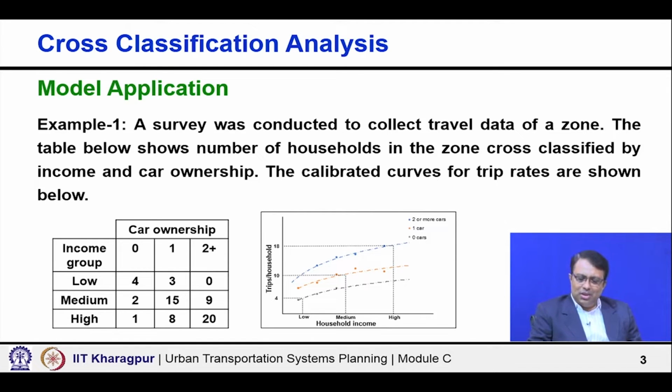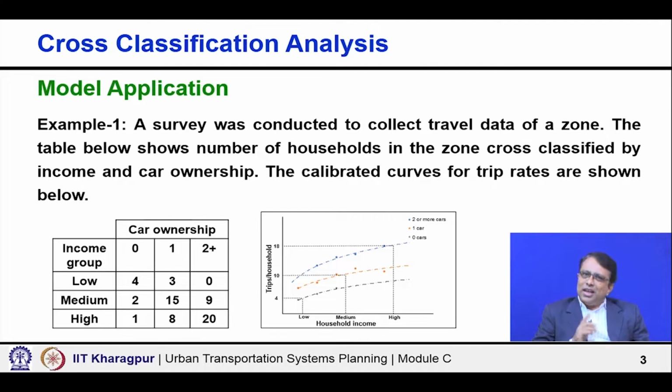Based on calibration, we considered, let us say, 3 or 5 household income levels and 3 car ownership levels. But in this example, we are considering 3 household incomes. Suppose we know that they are low, medium and high. It is not that we are borrowing the same values, it is not a continuation of the previous example, but an independent example, and we made this example a simple one, because our objective here is to explain how you can apply it.